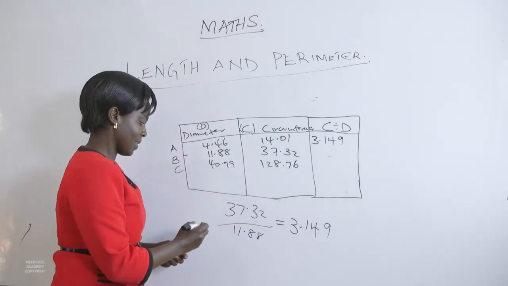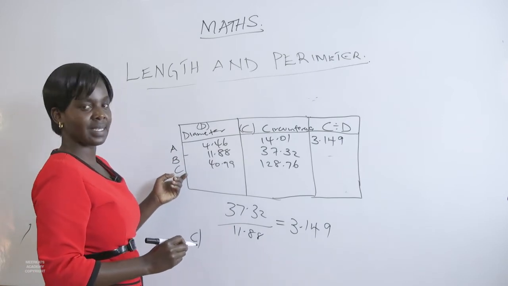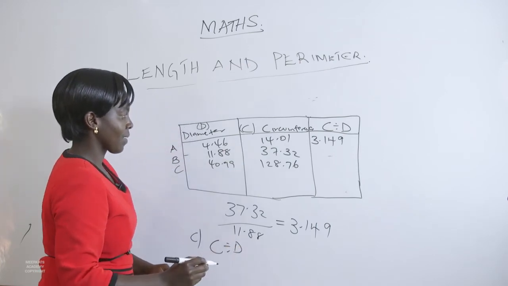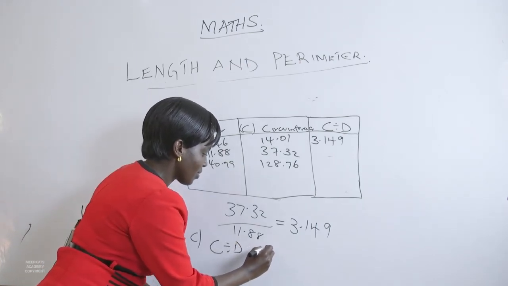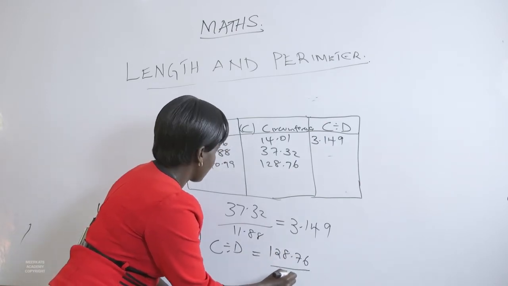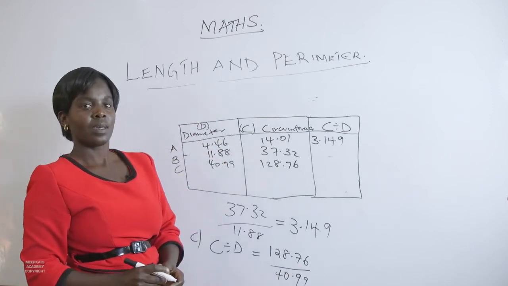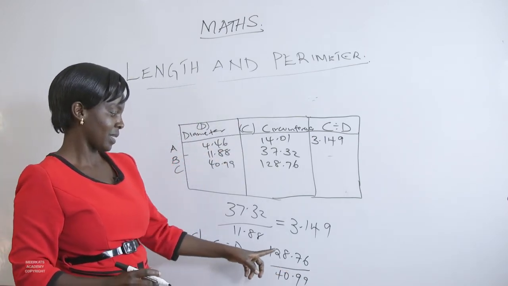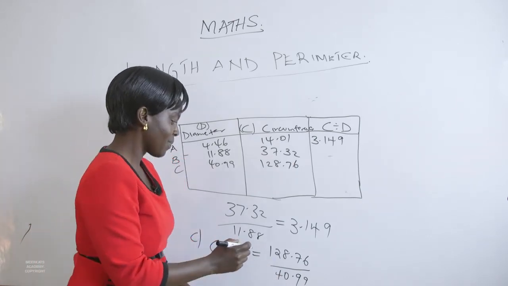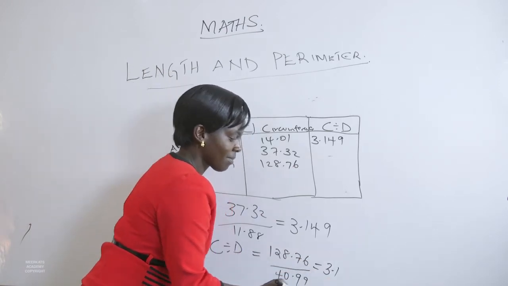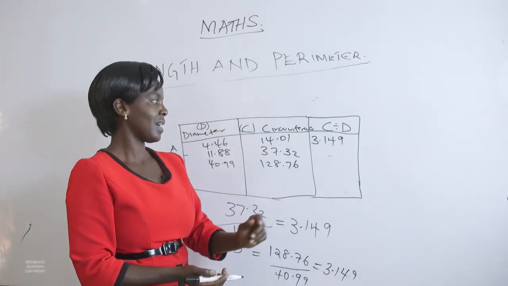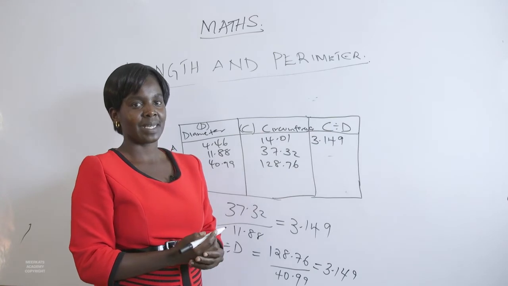The same case with circle C. If you divide the circumference of circle D by the diameter of that circle, you will get the same value: circumference divided by the diameter.